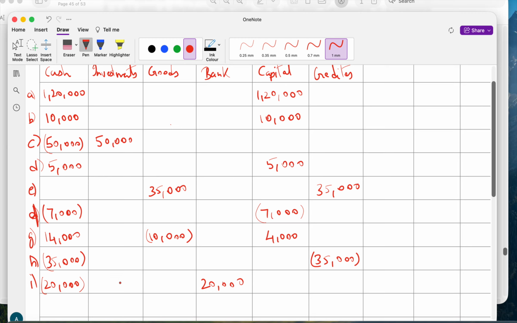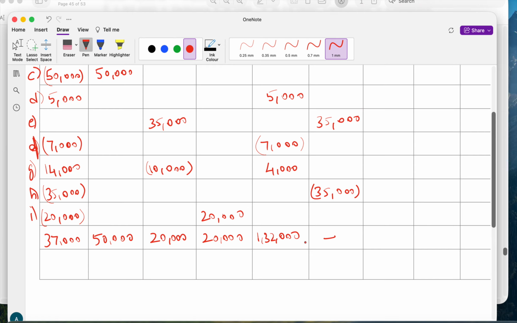Okay. Now cash total is 37,000. Investment stands at 50,000, no changes. Goods 20,000. Bank at 20,000. Capital is 1,32,000. Your creditors are nil.